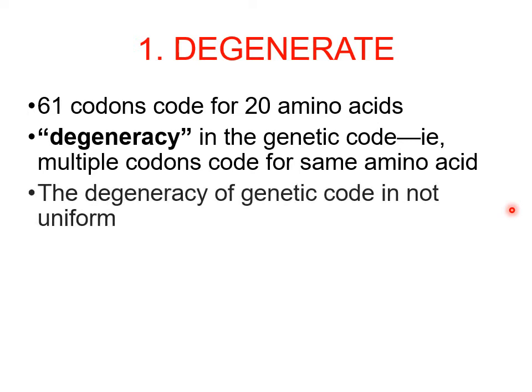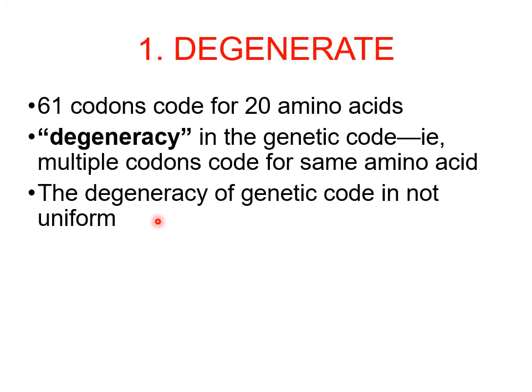Now the degeneracy of the genetic code is not uniform. What does it mean? It is not like you have 61 codons and you divide it by 20 and each amino acid will have the corresponding number of codons. No. It means there may be certain amino acids which have more than one codon, up to 6 codons also.